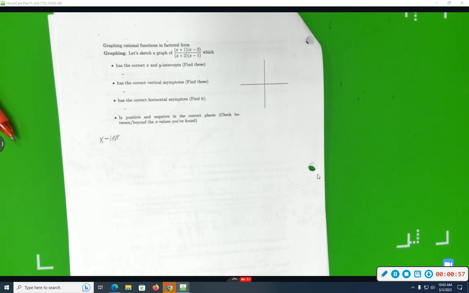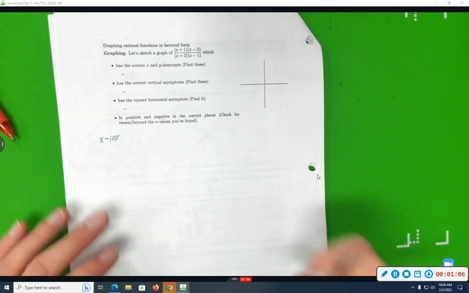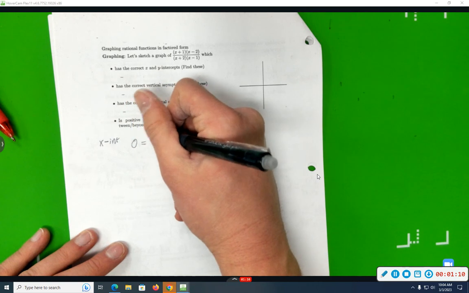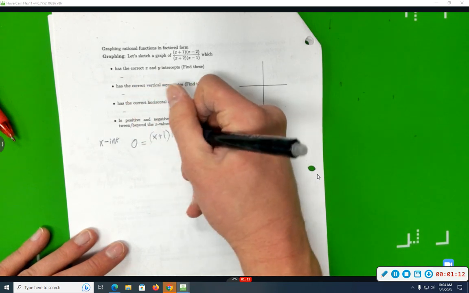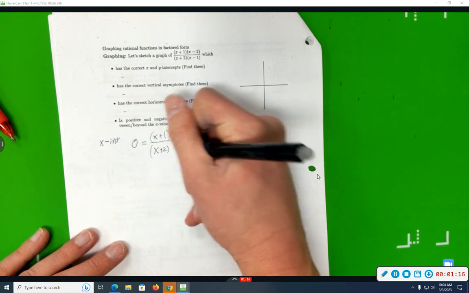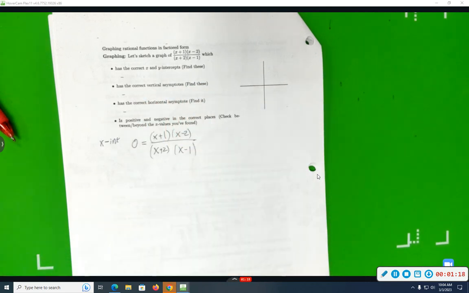Plug in 0 for y. That's how you find the x-intercepts of absolutely anything. So set y to 0, so we need to solve 0 equals (x plus 1)(x minus 2) over (x plus 2)(x minus 1). We need to solve that equation.